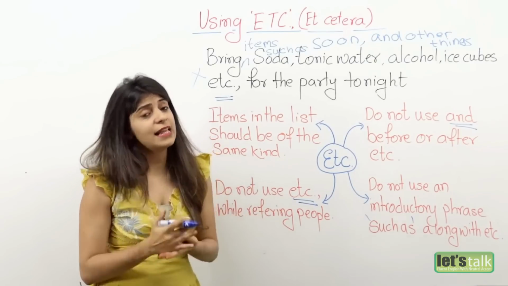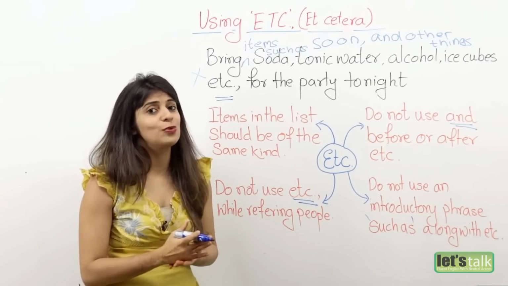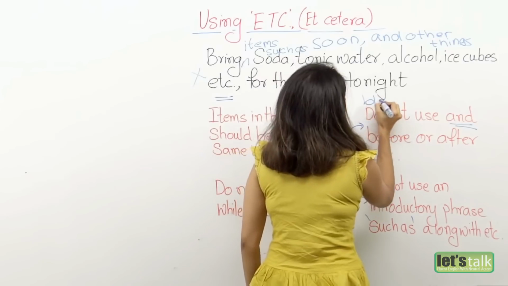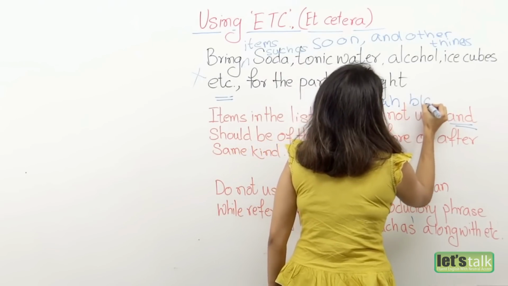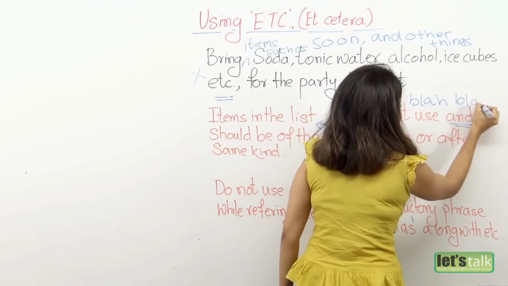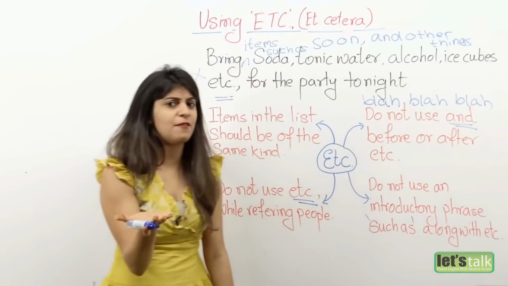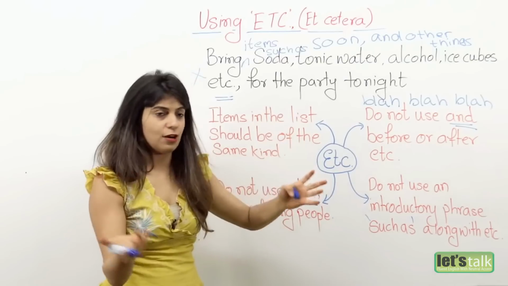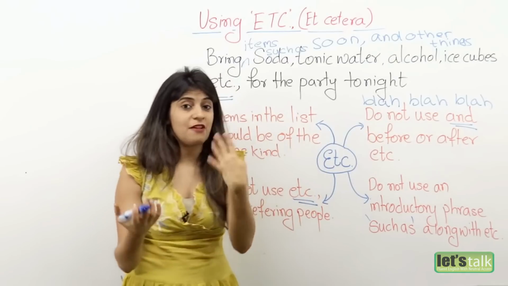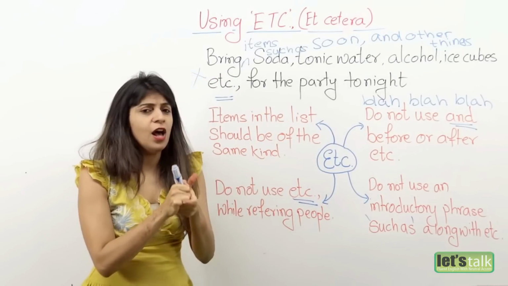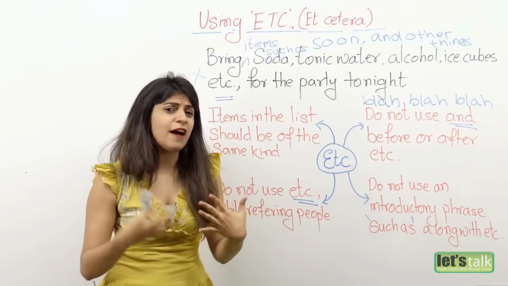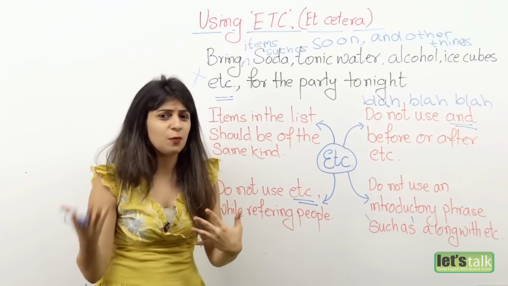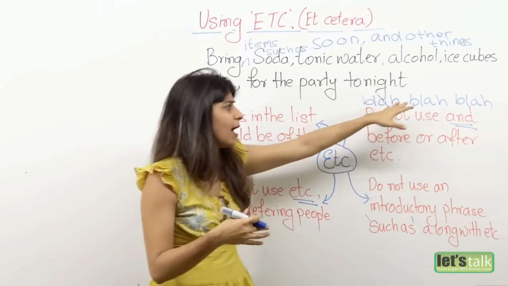But the other thing that you can do if you do not want to use etc. is you can use blah, blah, blah. Okay, have you heard that before? Well, that is pretty much similar to etc. For example, if my friend calls me and says, oh, well, I had a fight with my husband, and you know, he was really upset with me, we had a big argument, blah, blah, blah.